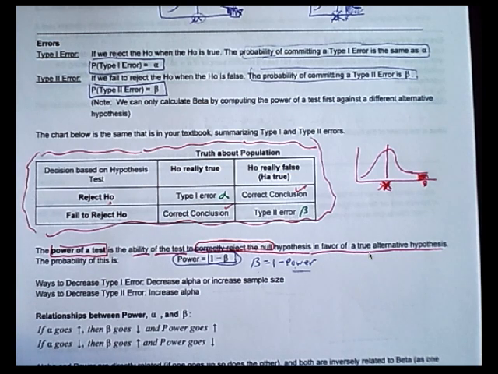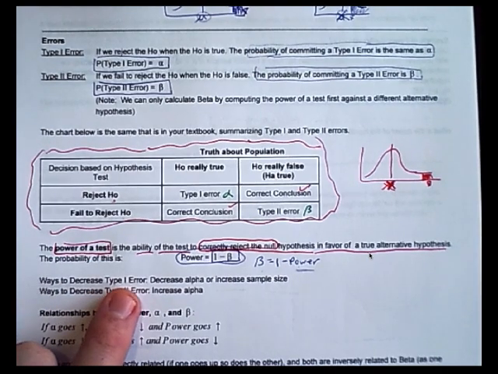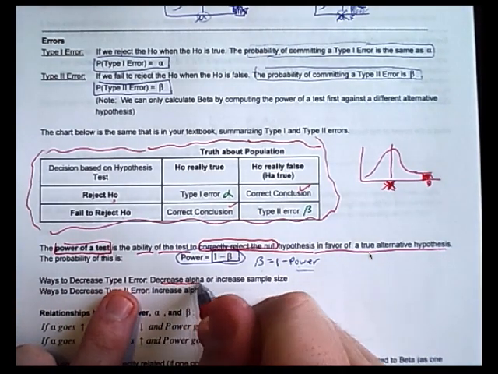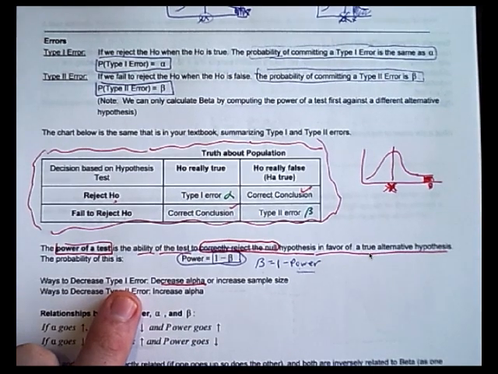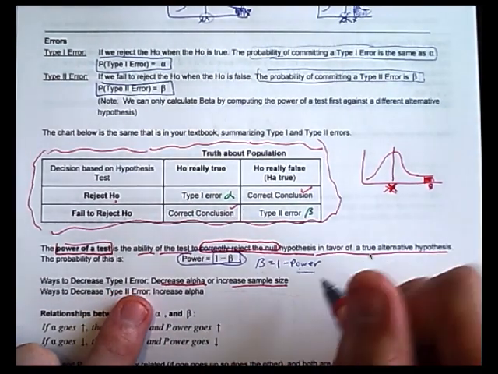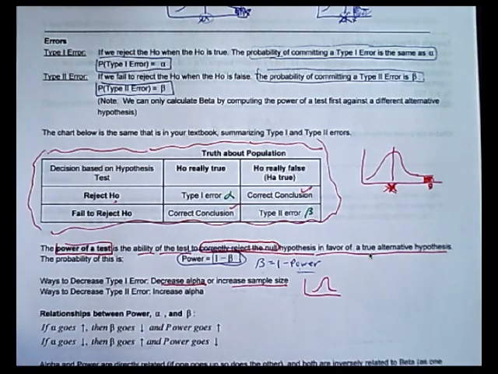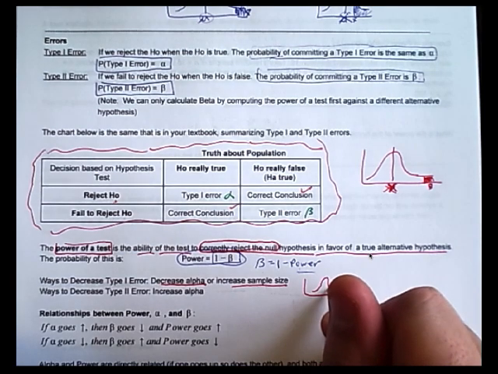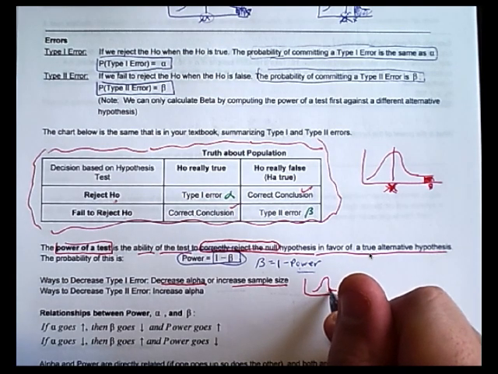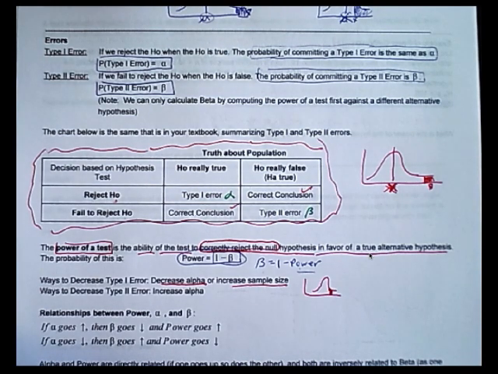Now there's a couple different ways that you can decrease your chances for error. The only real way to decrease your type 1 error is to either make your alpha smaller or increase the sample size. What does increasing the sample size do? It condenses your sampling distribution. By choosing a larger sample size, you condense that, and by condensing it, you don't need as big of an X-bar to reject the null.